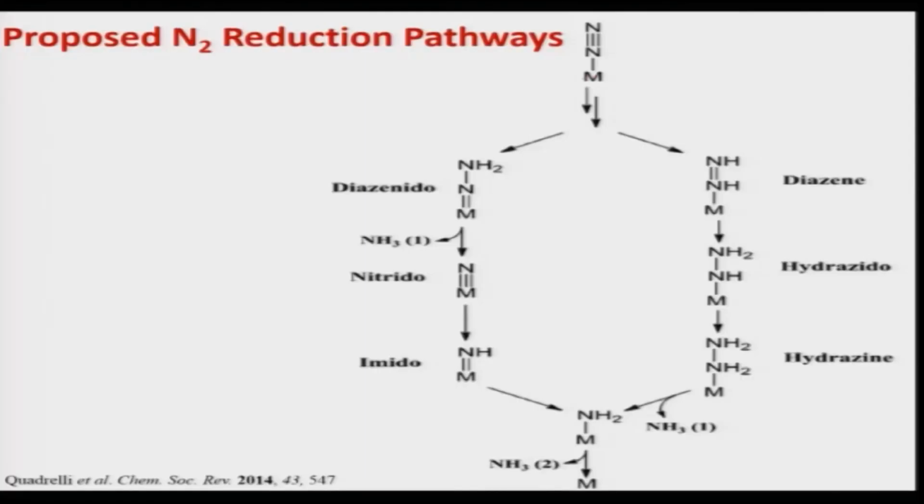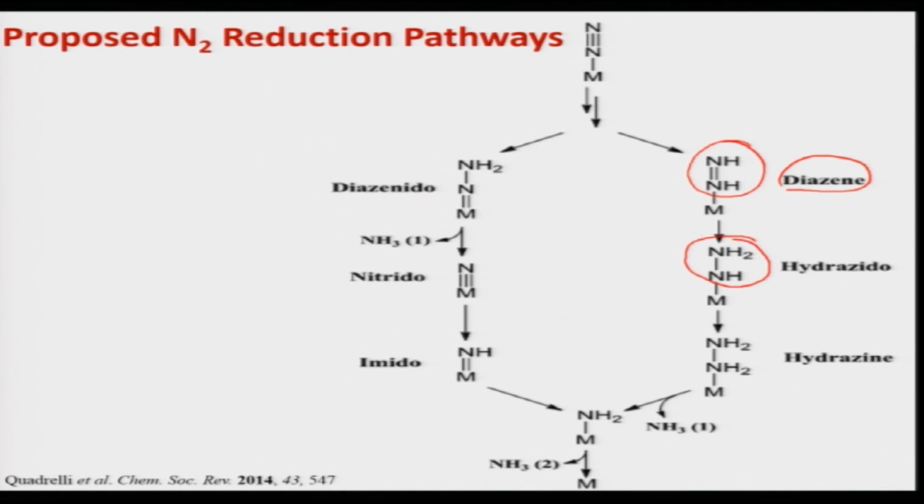So, the metal binds dinitrogen and with 2 protons it forms diazene. As you can see, this has formed NH, and this diazene after addition of one more proton converts to hydrazido NH2.